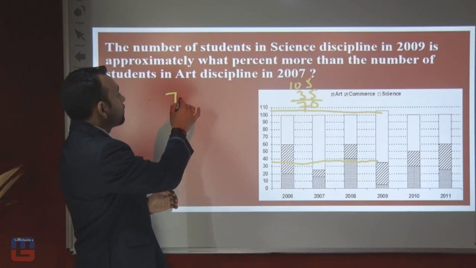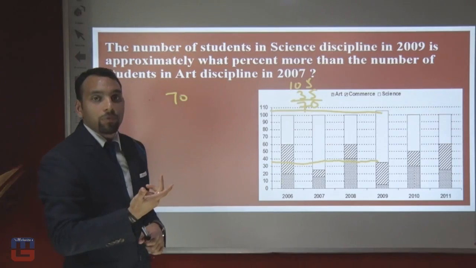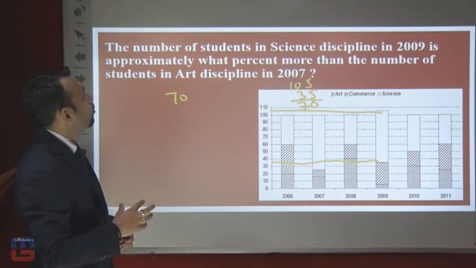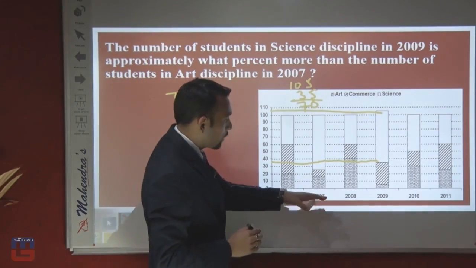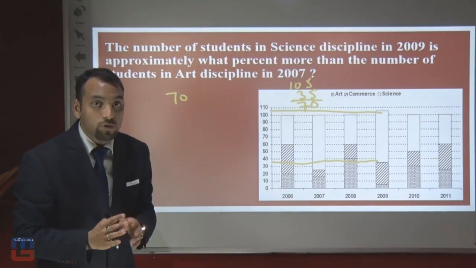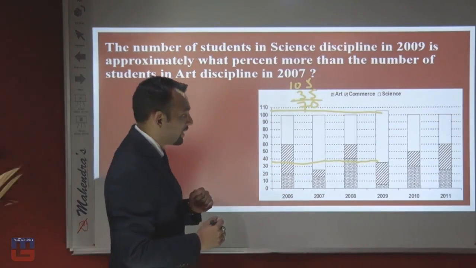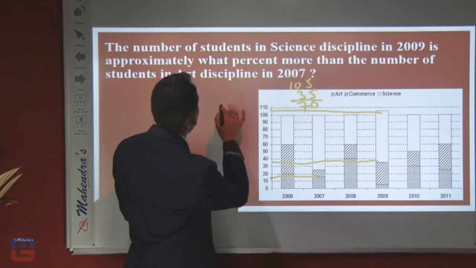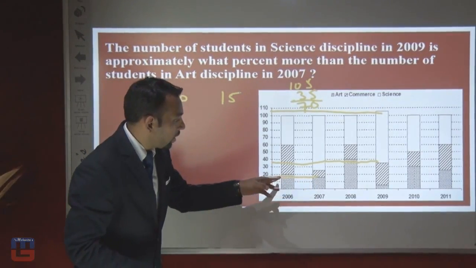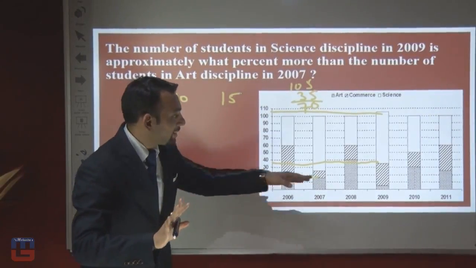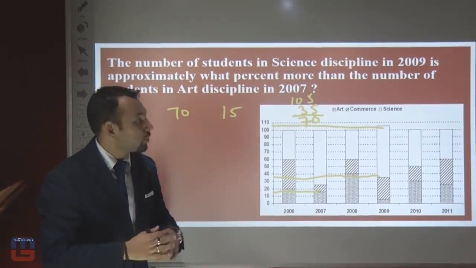This 70 is what percent more than the number of students in the art discipline in 2007. Where is 2007 now? This one is 2007, and the question is asking what percent more than the art section. We have to find the number of students in arts. Now this is the arts and this is here 15. Now this is here 15, right, and this is here 70, and we have to find how much percent more this number is than this number.